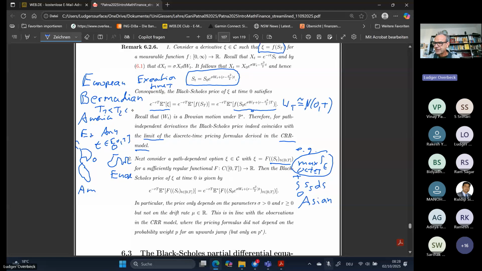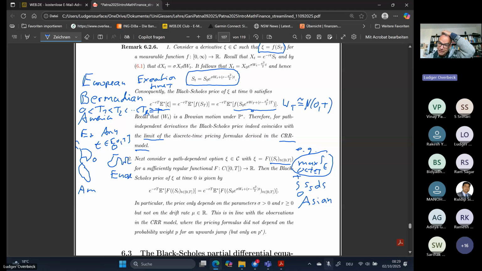So you fix, let's say, k times where you can execute. And it's very realistic. You say, okay, every first day of a month you can execute. You just have 1st of January, 1st of February, and so on. That's much more feasible than at any time.